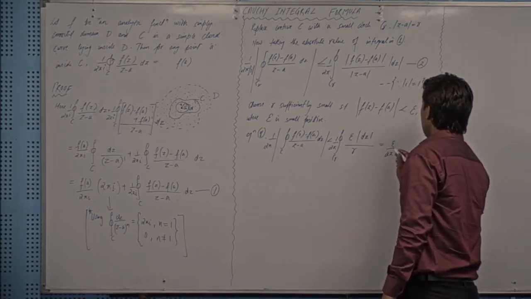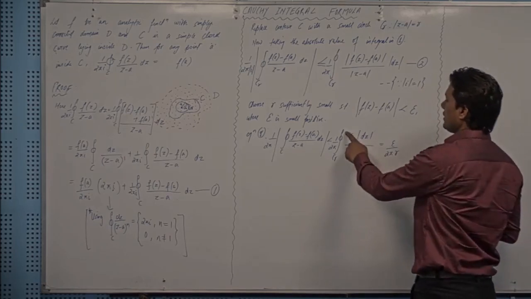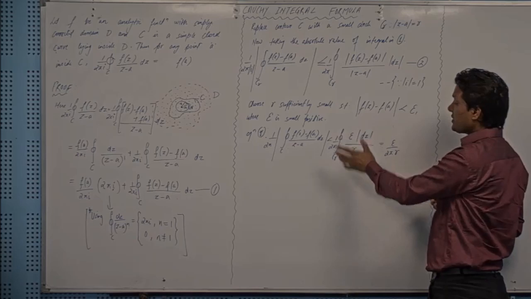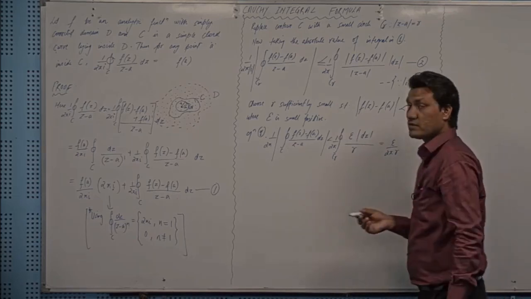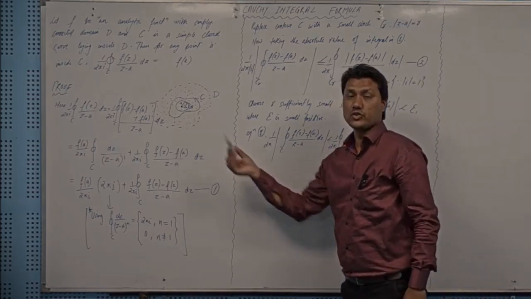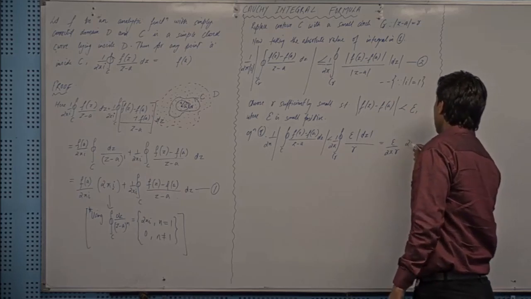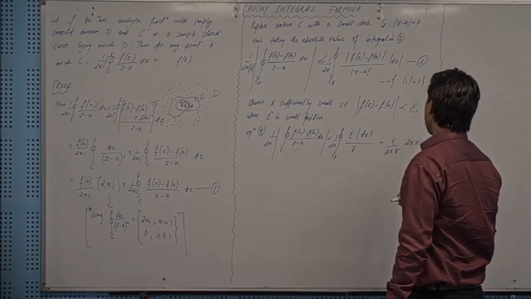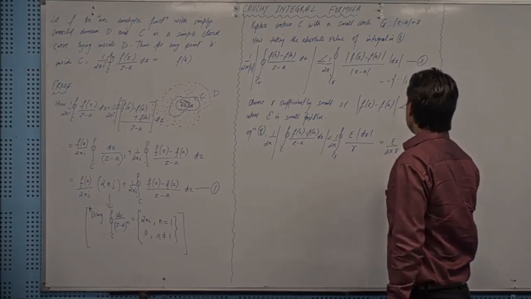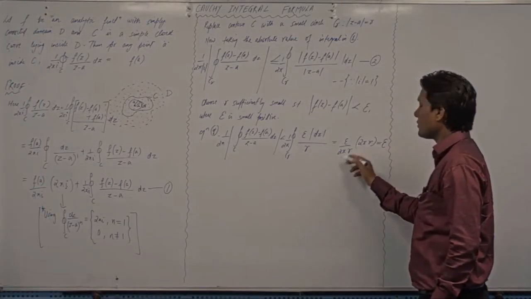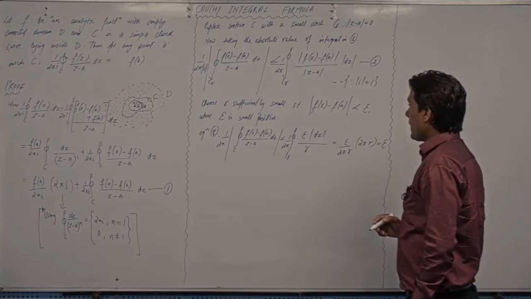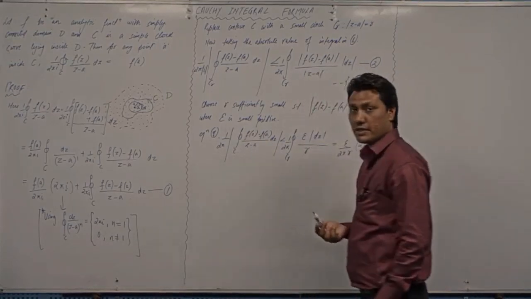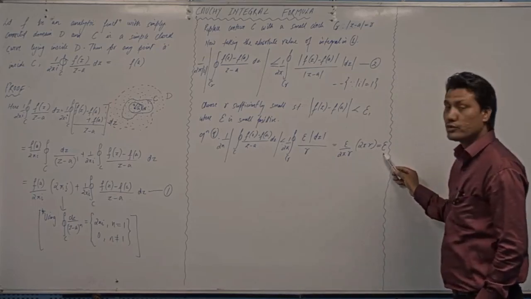And this r will come out, and what is the integral over C_R of mod dz? That represents the circumference of this small circle, which is equal to 2 pi r. That gives epsilon on cancellation of the 2 pi r. Since epsilon is as small as possible, you can choose epsilon tending to 0.